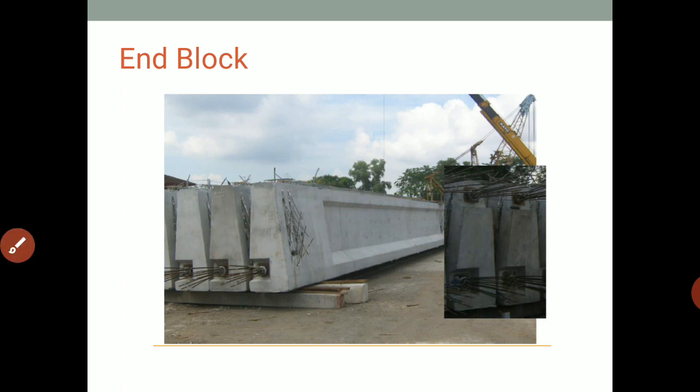Now what is special in that end block, or why is there a need to design for this end block? The end block is designed because in this particular end block we have larger transverse stresses.